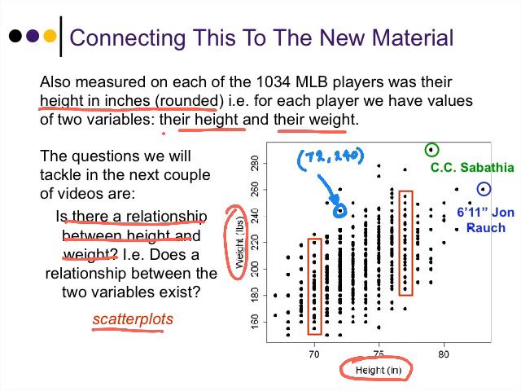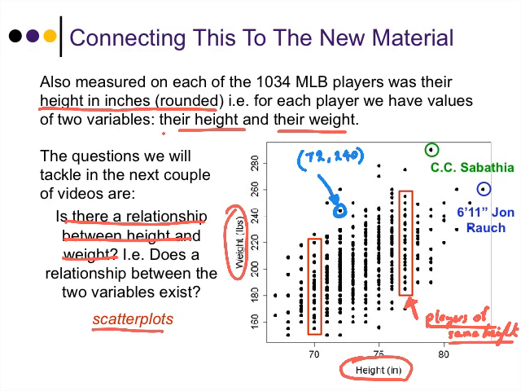Notice here we have this box in red, like this one here. This could represent players who all have the same height, and so here we're getting a sense of whether there's some kind of relationship between height and weight.